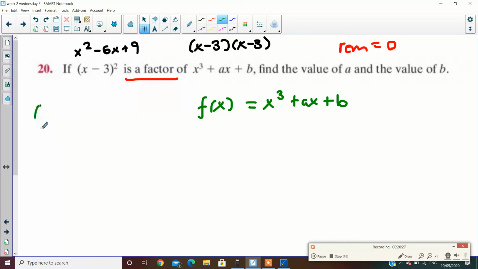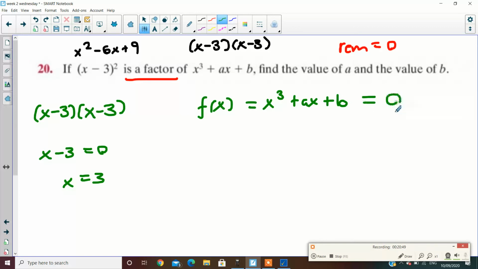Would everybody agree we know x minus 3 and x minus 3 are factors, aren't they? Now, if you put the factors equal to 0, you get what's called a root. So if I sub 3 into here, what should happen? It should turn into 0.